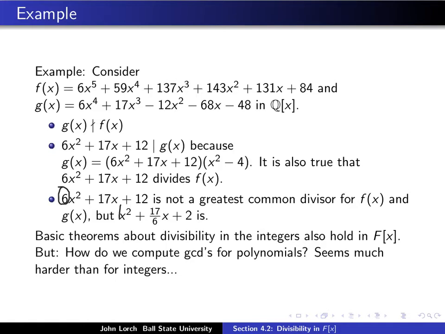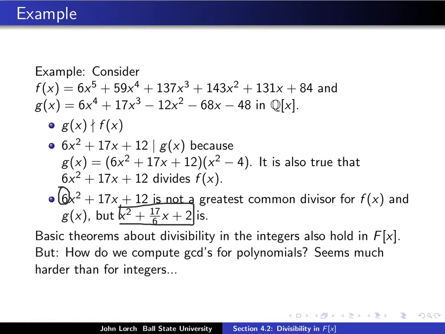Now, I just came out and told you that this polynomial x squared plus 17/6 x plus 2 is a greatest common divisor in Q adjoin x for these two polynomials f and g. How in the world would we determine that? It seems that it's not obvious at first sight that that should be a greatest common divisor.